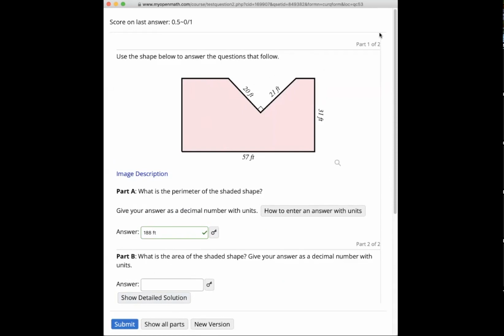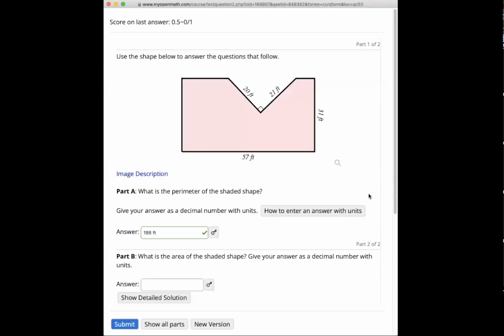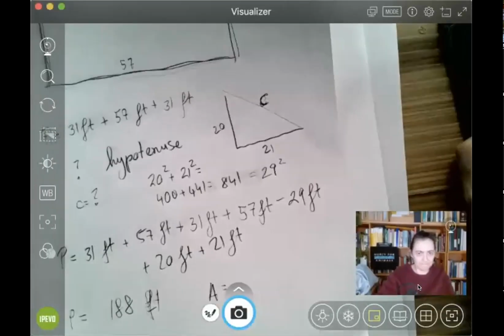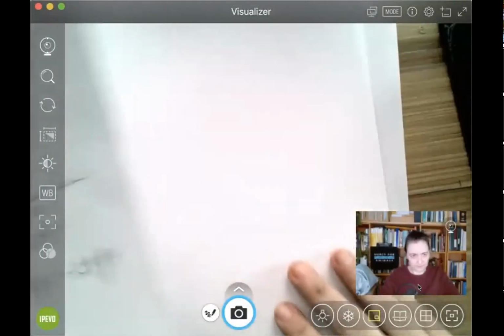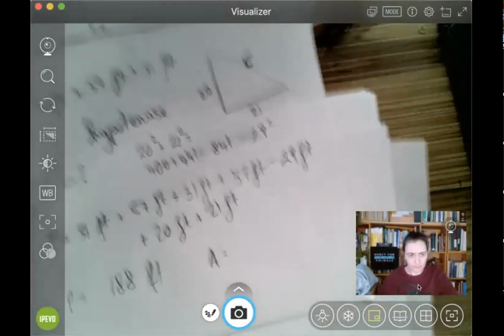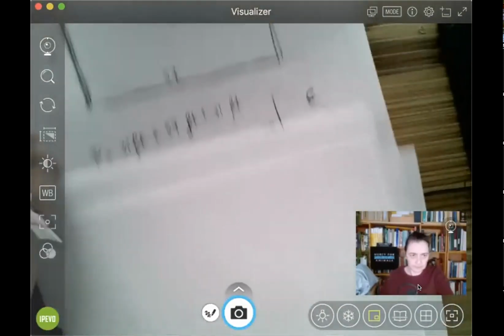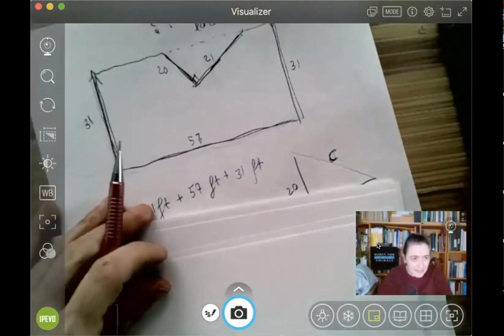Let's figure it out. So now let's figure out the area. So the area would be the original rectangle. Is this still zoomed in?